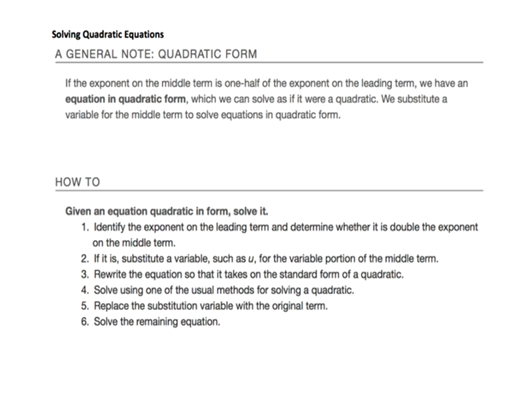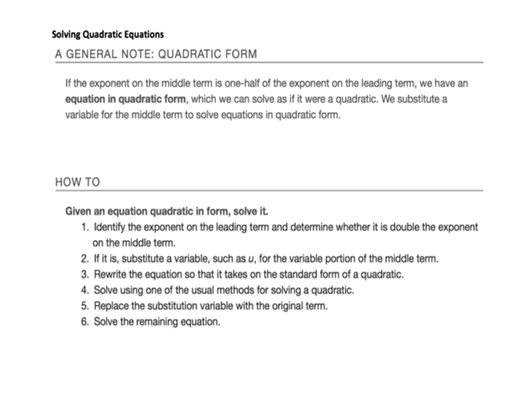So if it is, you're going to substitute a variable. Usually we use u to substitute in as a variable for the portion of the middle term. Write the equation so that it takes on the standard form of the quadratic, using one of the usual methods for solving.